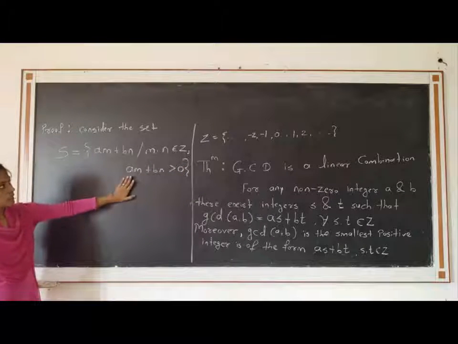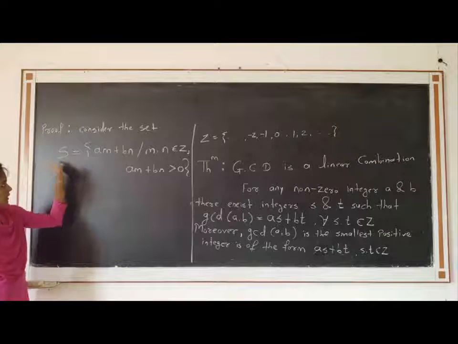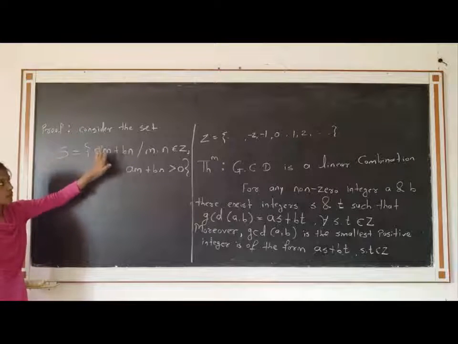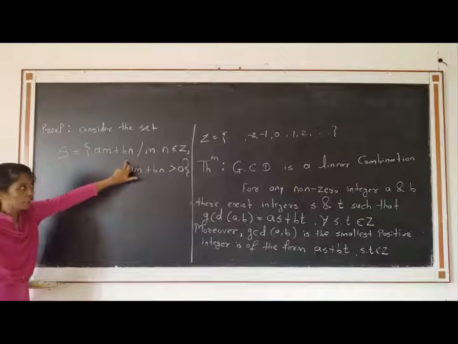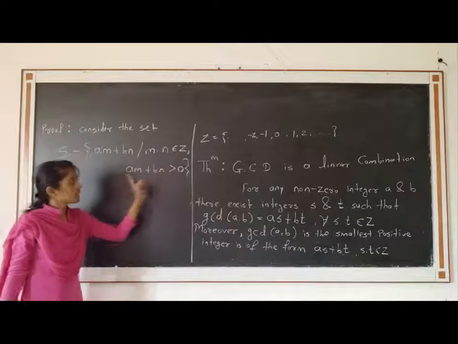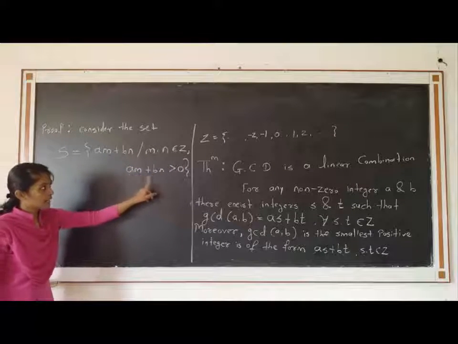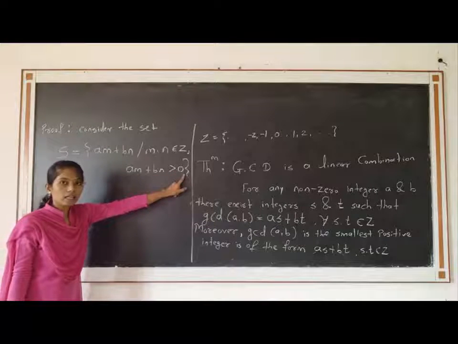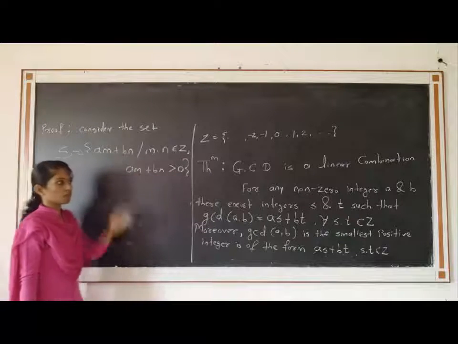Okay, so we consider this set S, with elements of the form AM plus BN, where M and N belong to the set of integers, and the condition AM plus BN strictly greater than 0, that is positive.